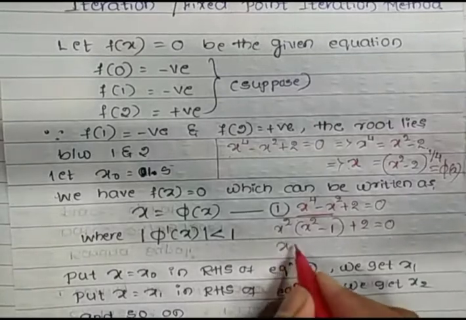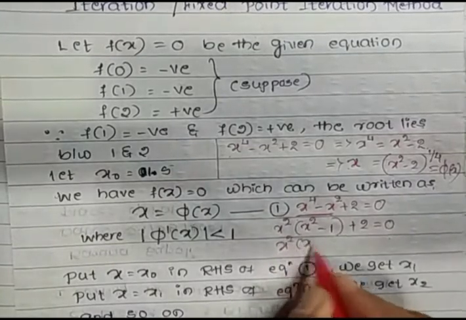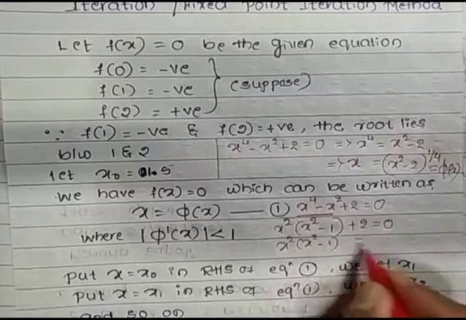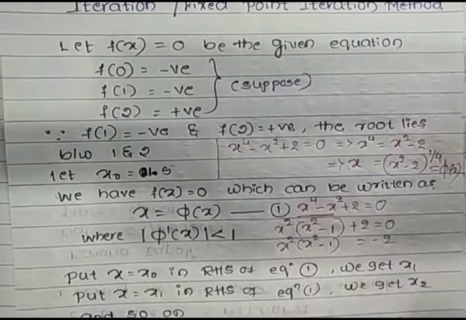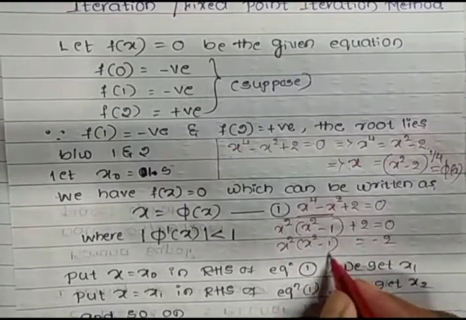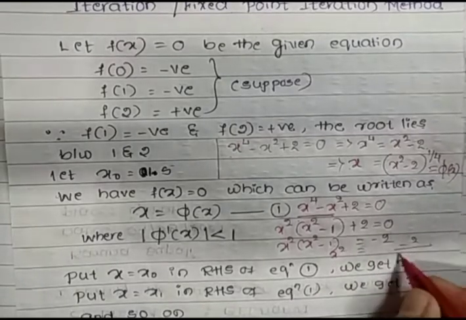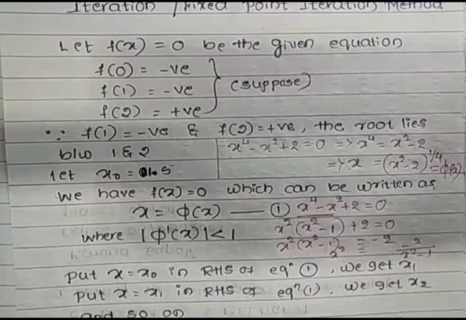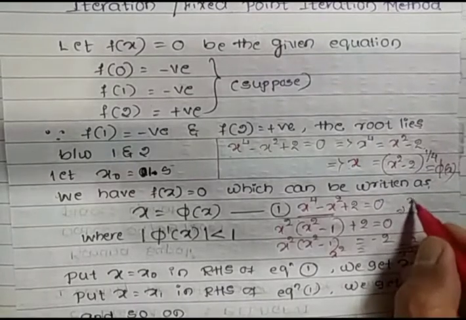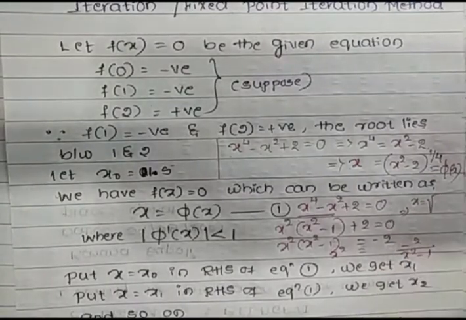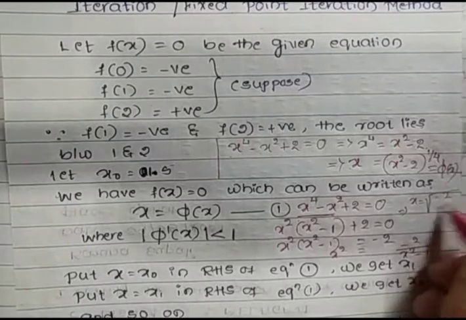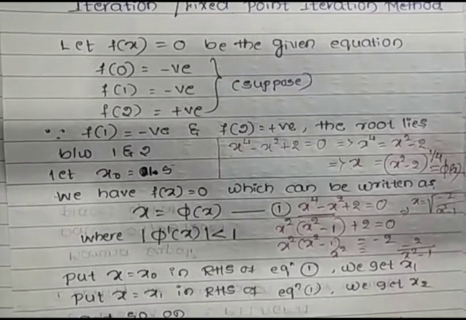Then next, take plus 2 to this side of the equation, then it will be minus 2. So x square is equal to minus 2 divided by x square minus 1. Therefore, if we require the x value, again we can consider the square root of minus 2 divided by x square minus 1.